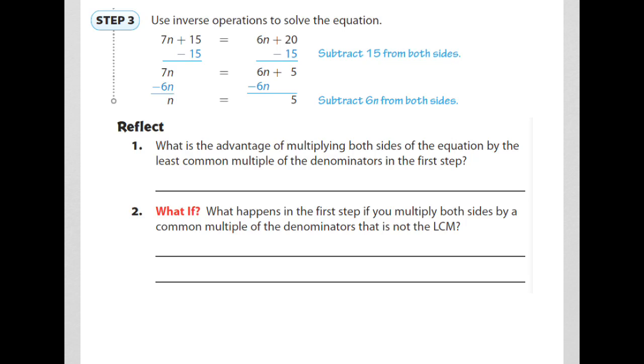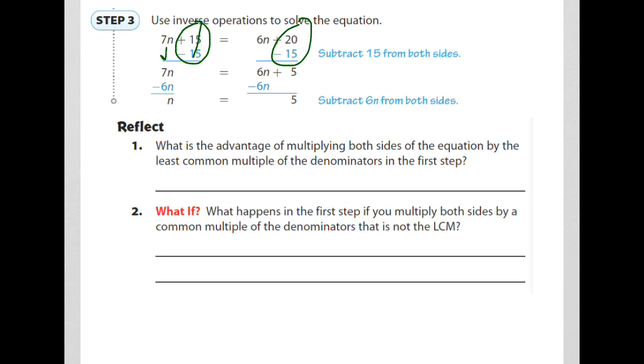Step 3 says, let's use inverse operation to solve it. Here we want to get our constant terms together. Our constant is the 15. In order to get those together, it says use the inverse operation. This is a plus 15, the inverse is minus 15, so we subtract 15 from both sides. There's our 0 pair.